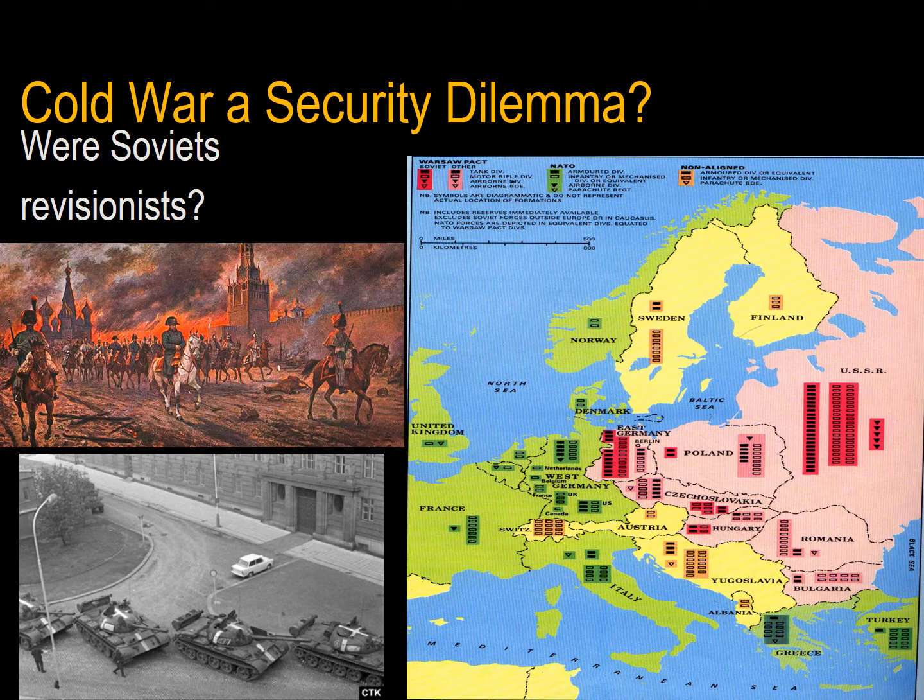The Second World War invasion of the Soviet Union killed 27 million people, and Hitler's Nazi government had a genocidal plan of colonization where European Russia is located. So for the Russians, perhaps the Soviet deployment in Central and Eastern Europe was defensive, and they were not revisionist. They were status quo.